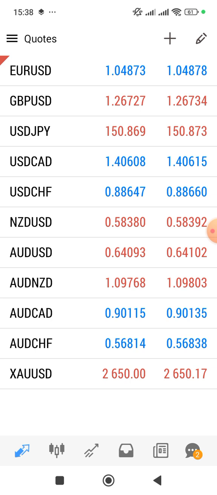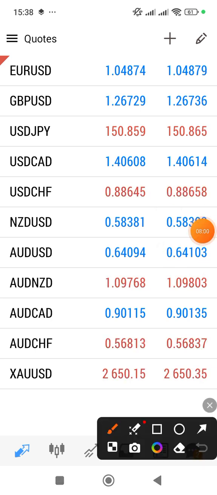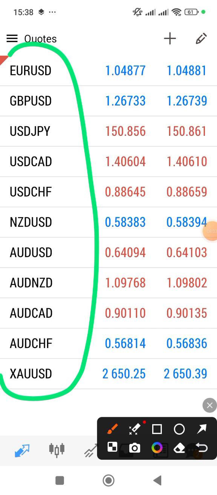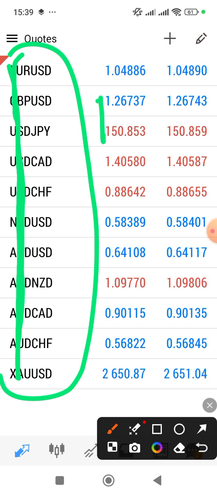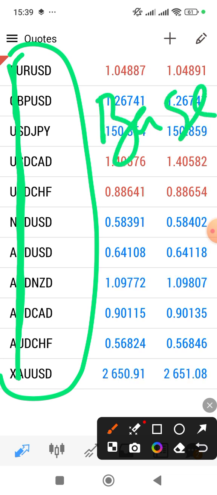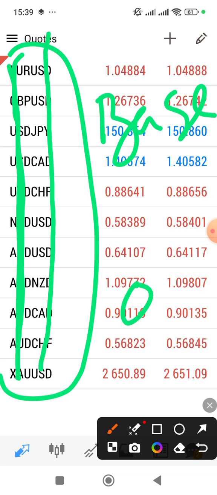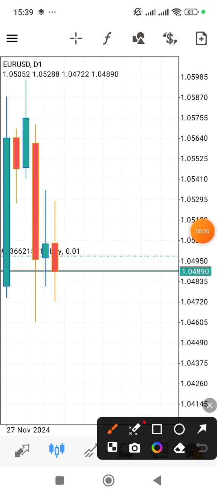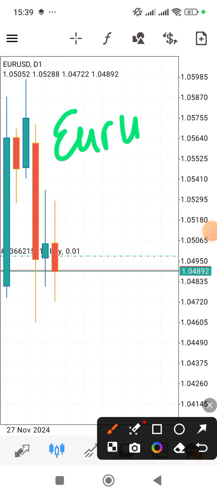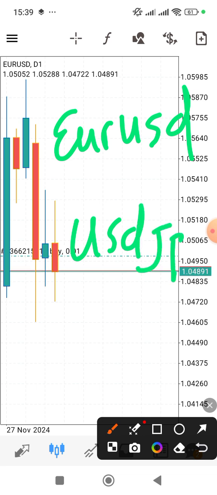The next thing you want to know is base currency and quote currency. Look at these currencies. Remember I said they appear in 2. So one of them is the base currency, one is the quote currency. When you have 2 currencies paired together, the currency that appears first is the base currency. The currency that appears second is the quote currency, okay? So for example, you can have Euro USD, and then you also have USD JPY.